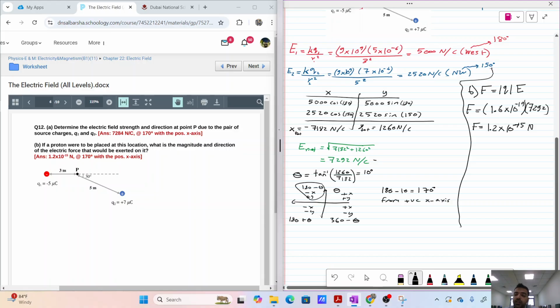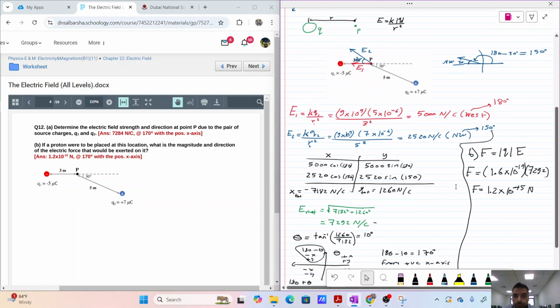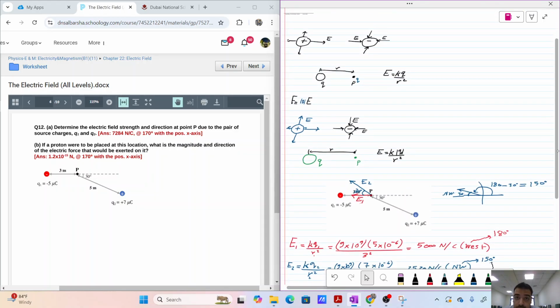However, what is the direction of the force? Keep this in mind. If we go back to this original figure, if I put a positive and a negative charge, we know that they attract each other. You can memorize it like this. Field lines exit from positive. Let's say this is a positive charge and this is a negative charge. Field lines exit from positive and enter negative.